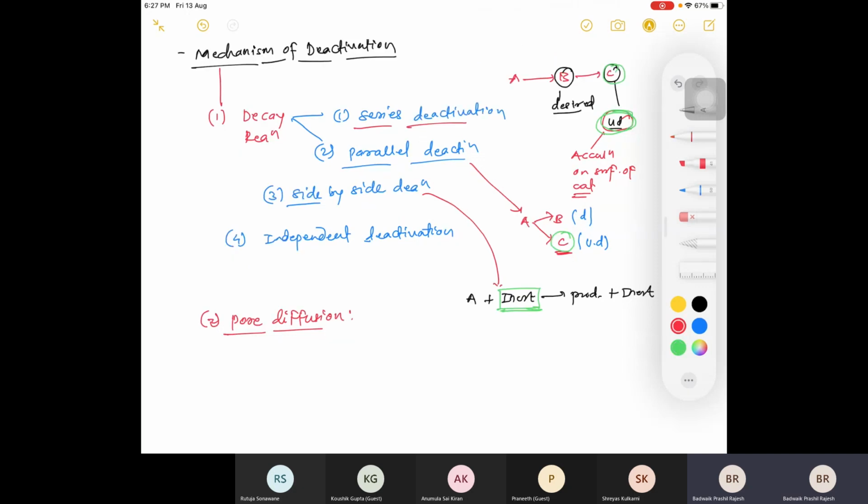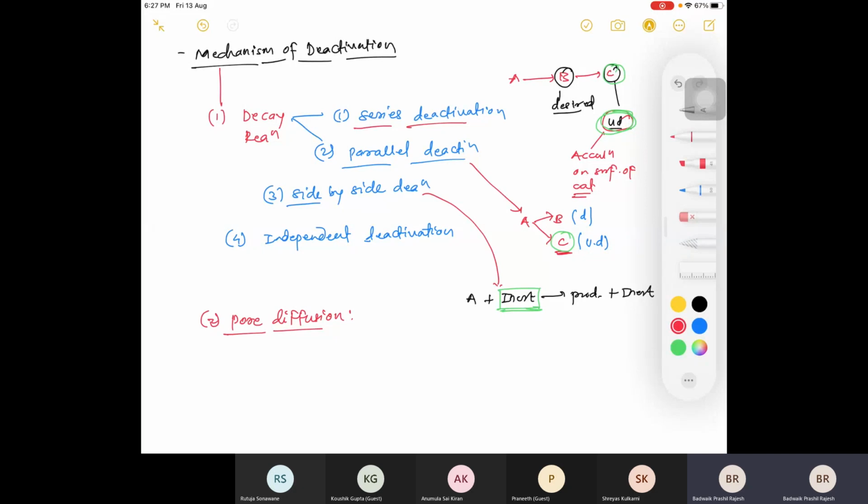Okay, then third is independent deactivation. What do you mean by that? Any guess? What do you mean by independent? It is not dependent on something. You can compare first, second, third with fourth. Anyone would like to add? Like the catalyst itself after some time gets deactivated independently. Yes, it is getting deactivated because of toxic conditions, extreme conditions, high temperature, any kind of that.